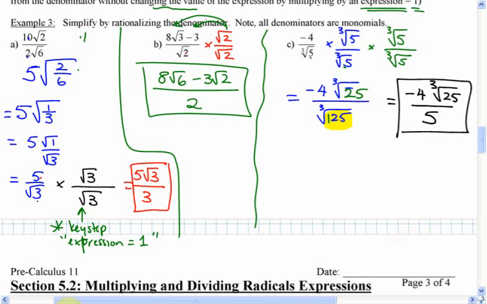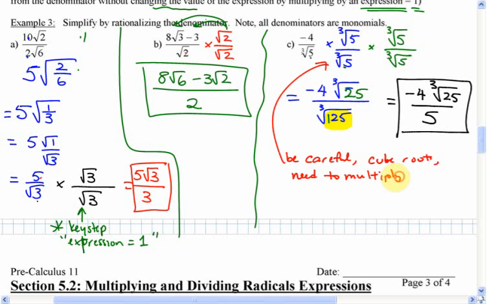Okay? So be careful here. Be careful. Cube roots need to multiply by the cube root twice. Okay?